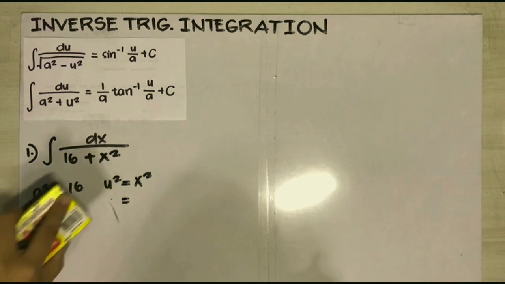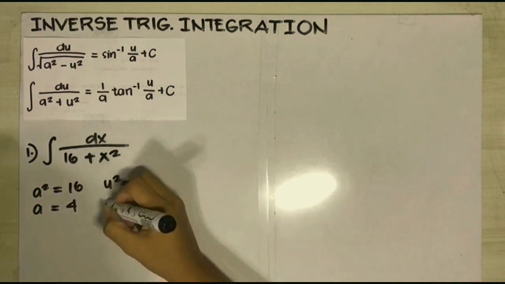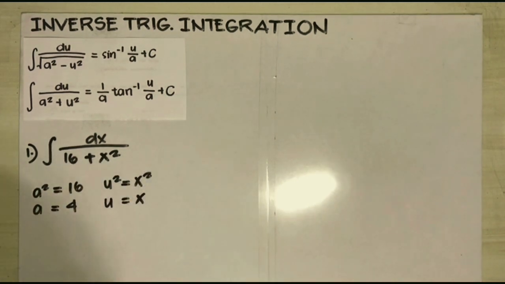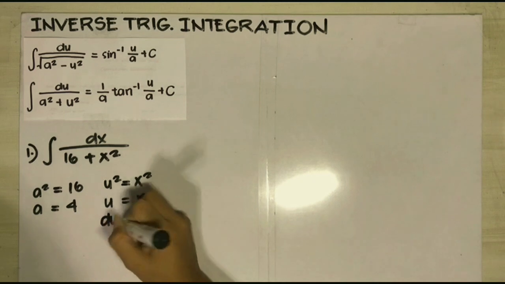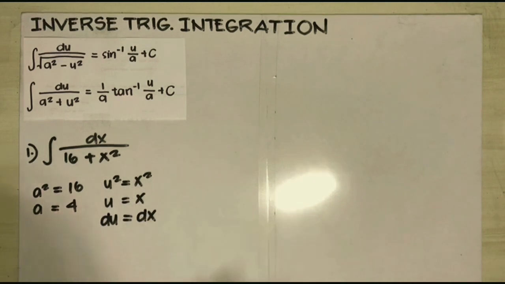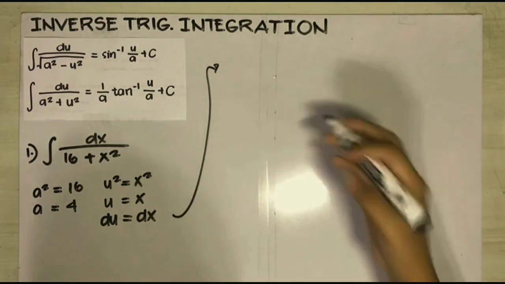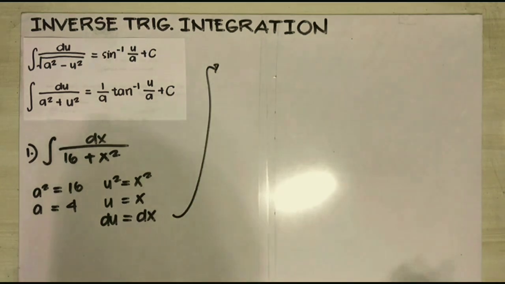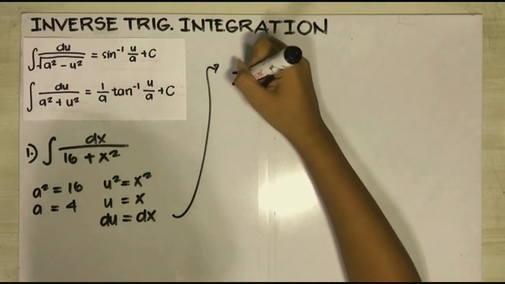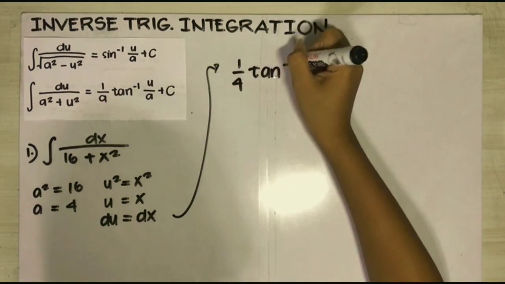And our u squared is equal to x squared and our u is equal to x. So our du is equal to dx. So now, we can plug the values into the formula. So our final answer is 1/4 arctangent x all over 4 plus c.